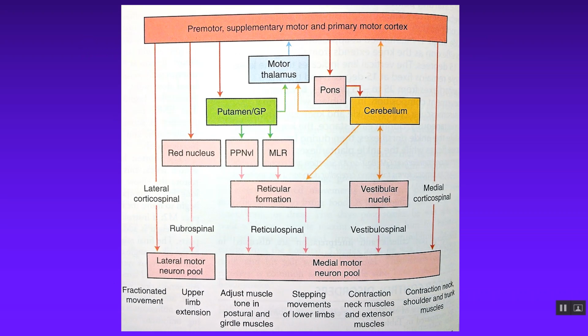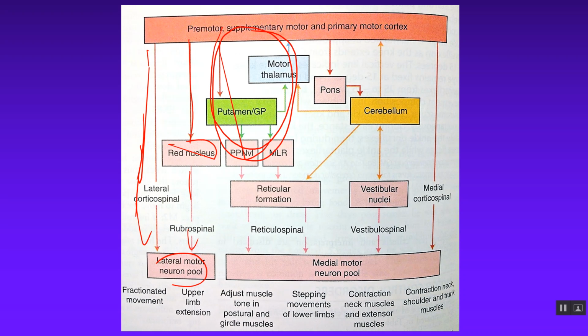Don't worry about this. This is just if you want to have a big appreciation for how the motor system works, this includes kind of everything. This includes the lateral corticospinal tracts over here, going directly down to the lower motor neurons. It shows you the rubrospinal tract and the red nucleus coming down. But then it shows you this is the loop right here. This is the basal ganglia loop they're showing you.